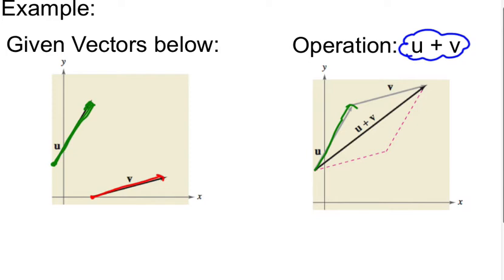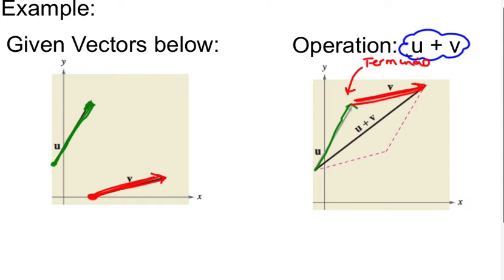Now imagine picking up this red vector right here and moving it to the terminal. This is my terminal for my first vector. And I'm going to do the same direction and the same magnitude as the v vector.